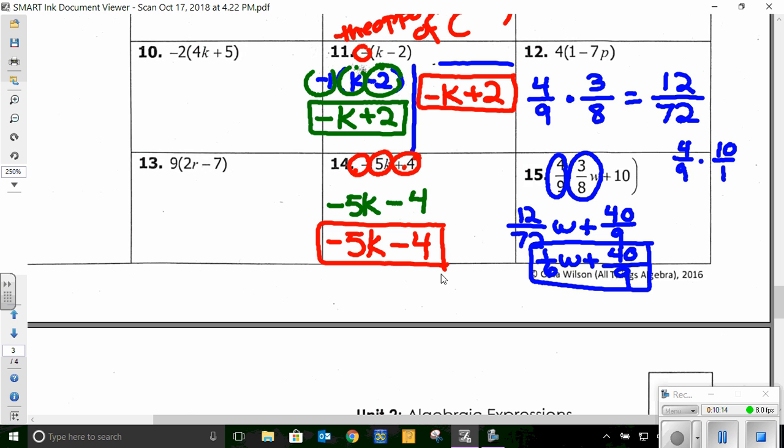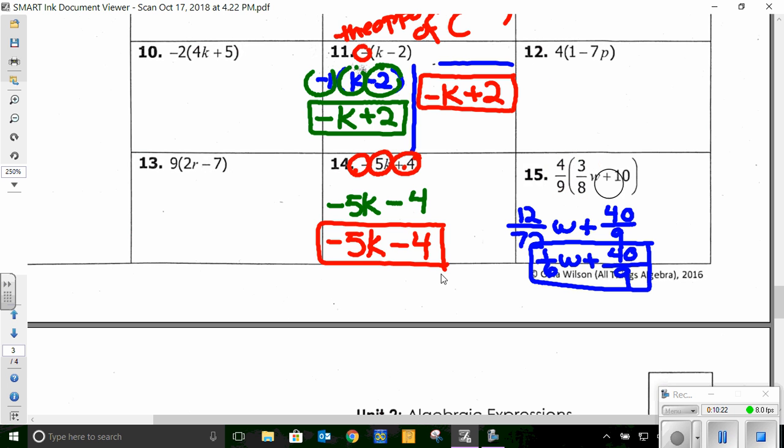The other thing I can actually do, though, is I can simplify before I multiply. And that makes it a little easier so I don't have to do it at the end like I just did. And then it makes my math a little easier. So I'll do this in red so you can see it. I'm going to take just that first expression right there, the 4 over 9 times the 3 over 8. And I know that 3 and 9 have a common factor of 3. 3 divided by 3 becomes 1. 9 divided by 3 becomes 3.